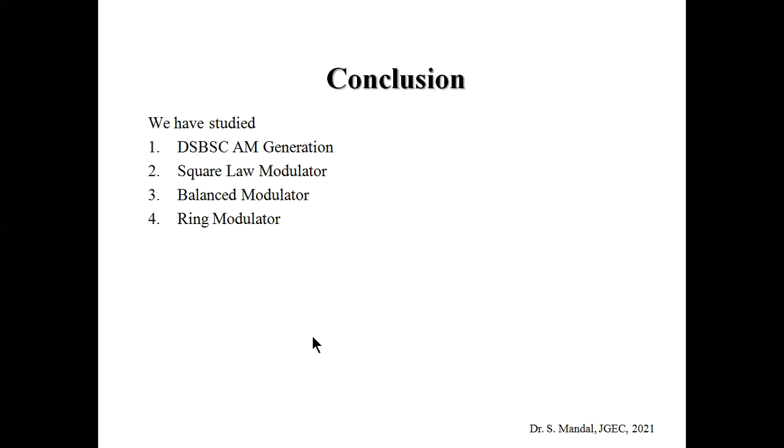So by using this switching circuit or switching modulator, we can easily generate a double balanced DSB-SC signal. So these are the three types of modulator that are used in real life applications to design the modulator.